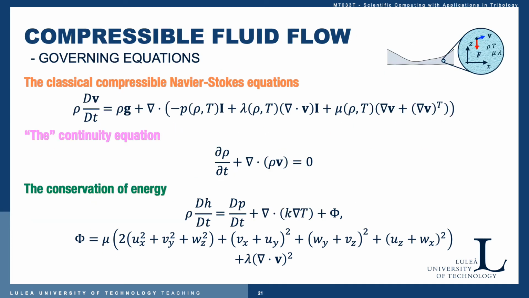Here, the governing equations for a compressible fluid flow are summarized. So we have first the classical compressible Navier-Stokes equations, and then the continuity equation, and then the conservation of energy. So with this, we have 5 equations for our 5 unknowns.